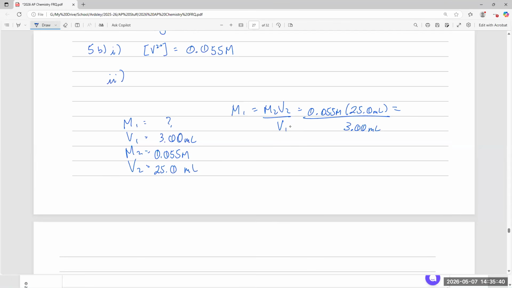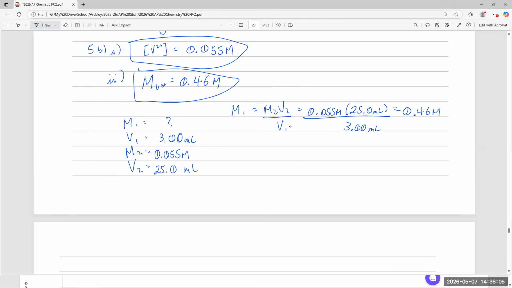And what do we got? That gives me two sig figs: 0.46. So we say the molarity of the V2+ is equal to 0.46 molar. Circle that.